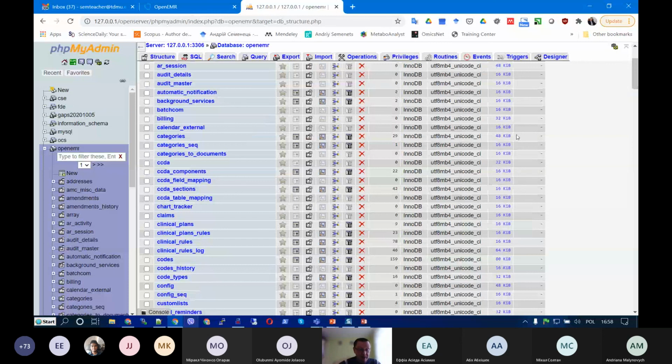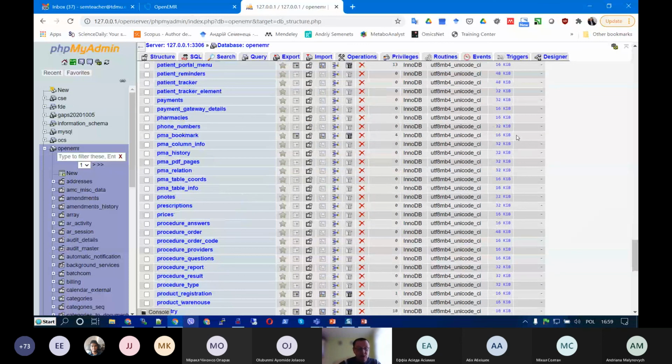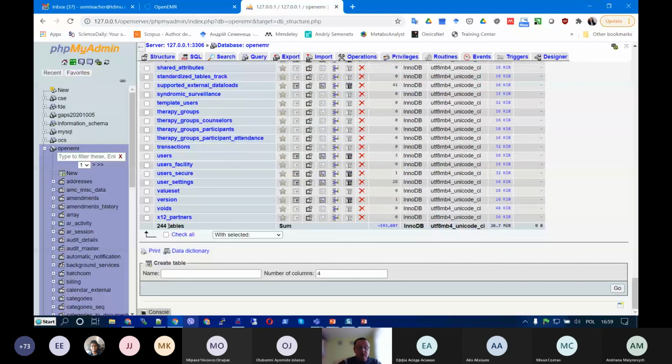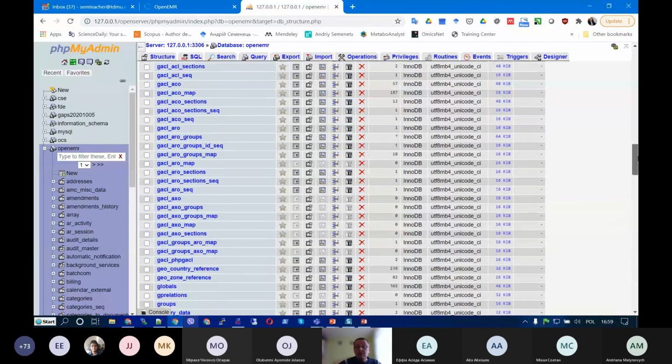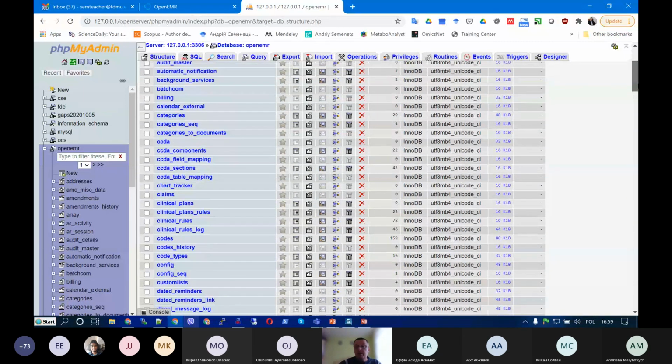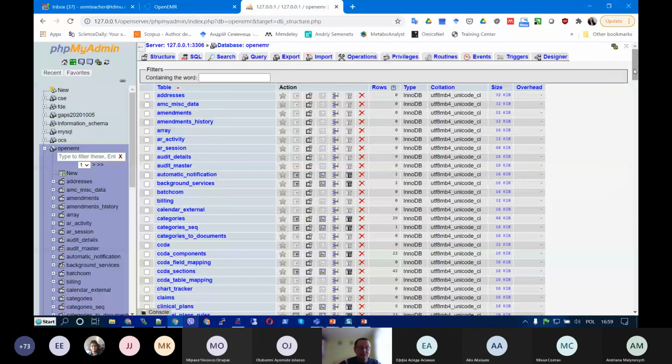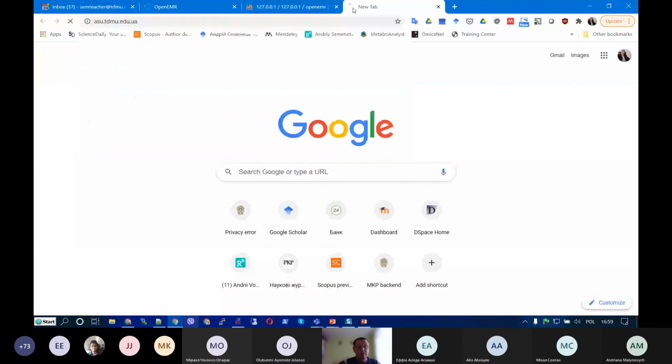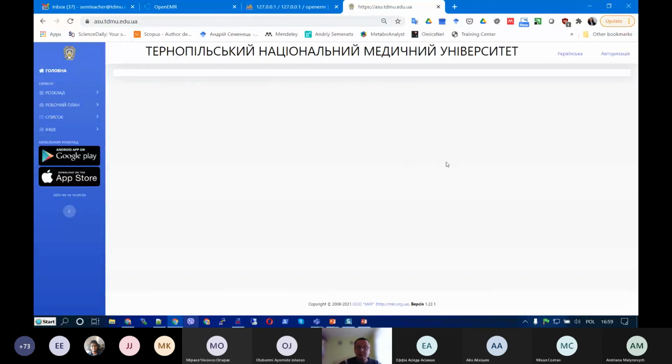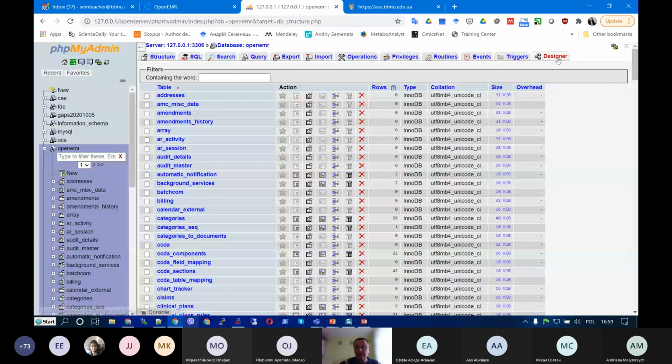So we have hundreds of tables, 244 tables compose the OpenEMR database. Moodle is composed of about the same, and about almost 500 compose the university's ASU system. So behind this we have a database with 500 tables.